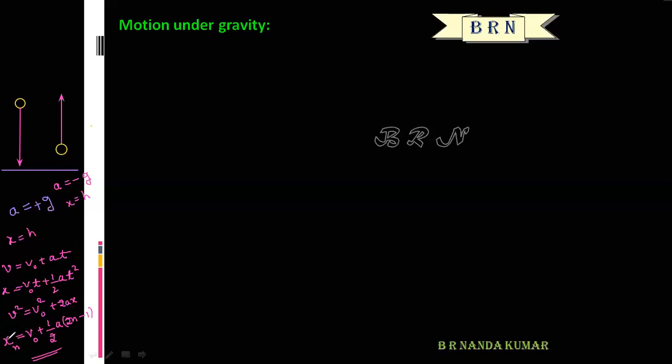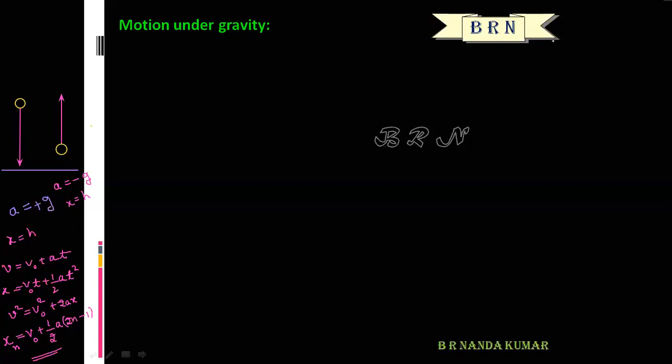Okay, so xn means distance traveled in the nth second, that is equal to v0, the initial velocity of the particle, plus a/2 (2n - 1). Okay, so these are the kinematic equations.